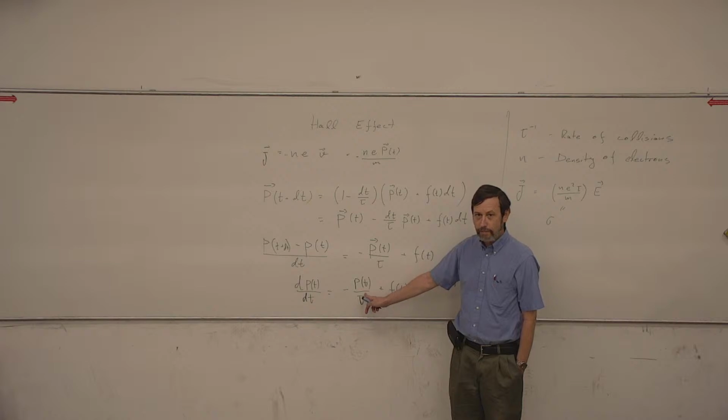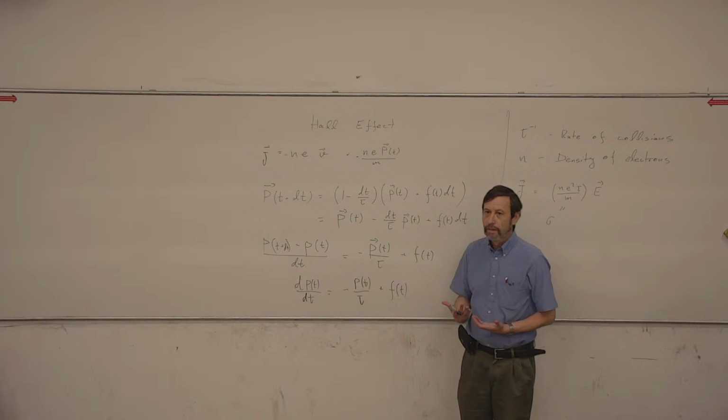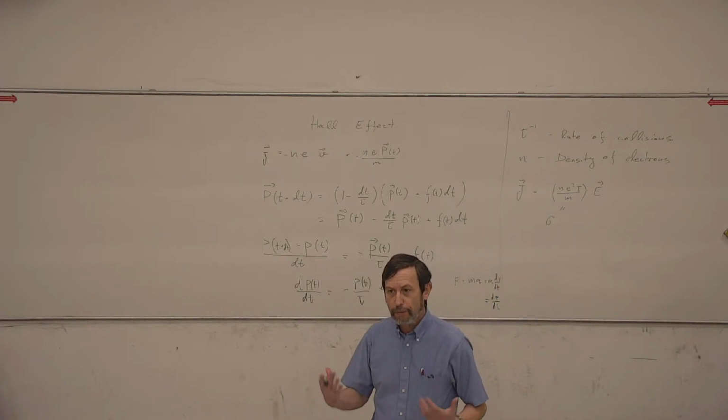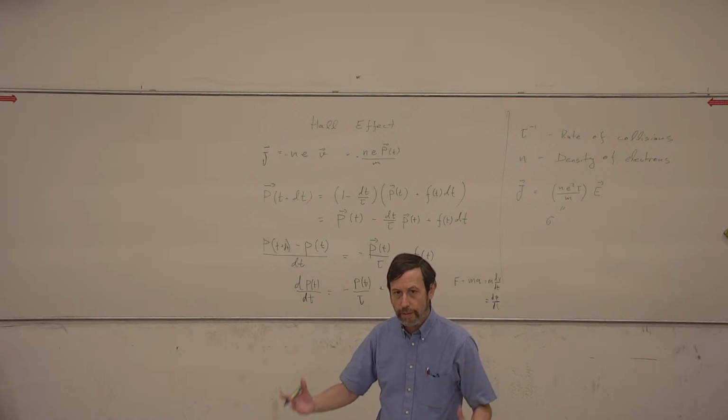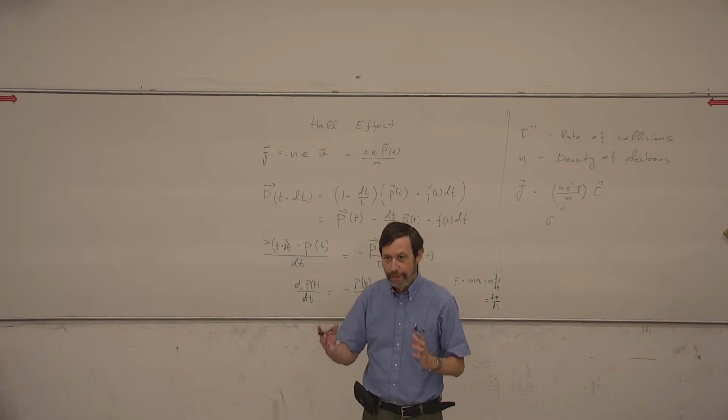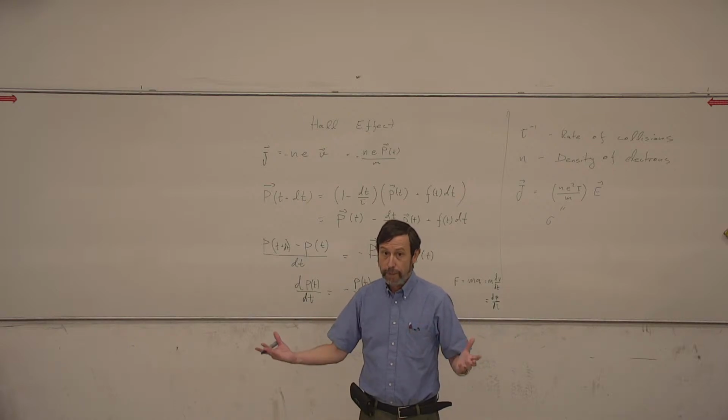What does this tell me? I'm living in a medium. What is the difference between an electron that is accelerated in an electric field and an electron that is accelerated in an electric field in a metal? Dissipation of energy.